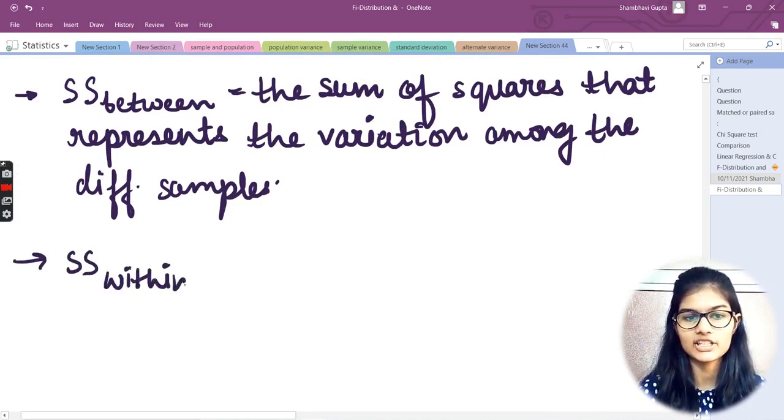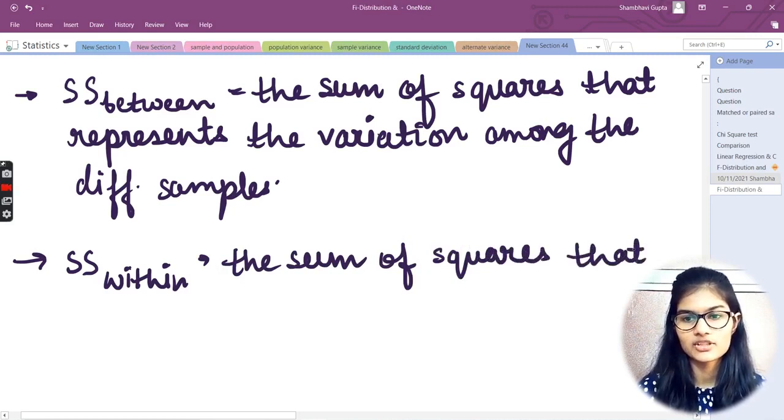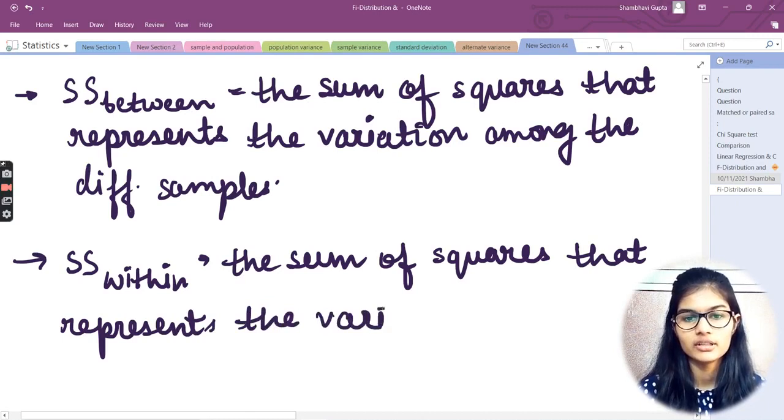So what was that? It was the sum of squares that represents the variation within the samples.